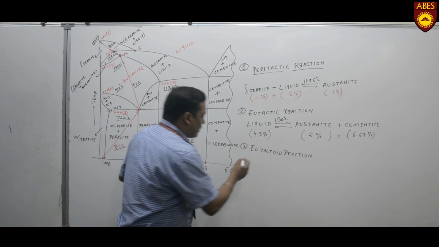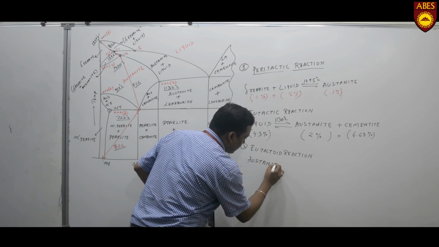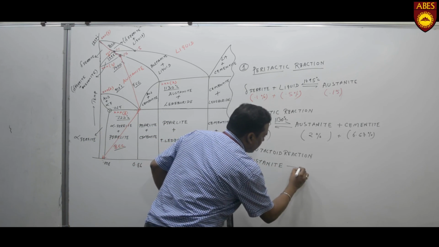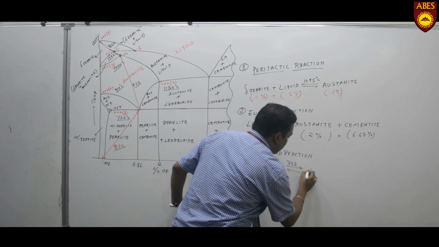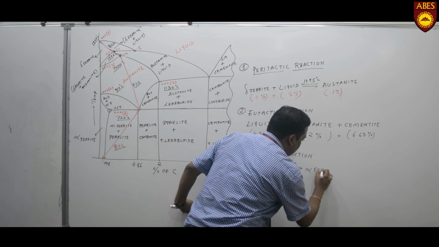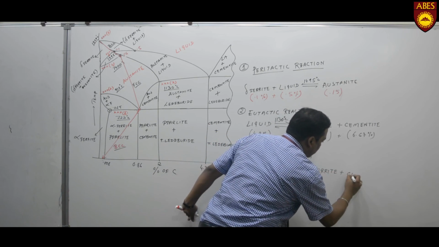So we can say austenite at 723 degrees centigrade transforms into alpha ferrite plus cementite.